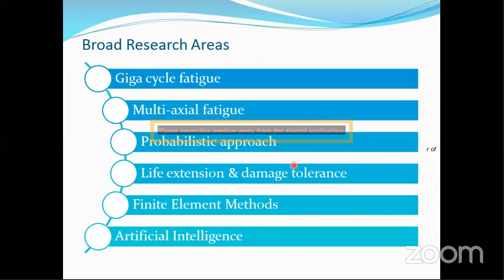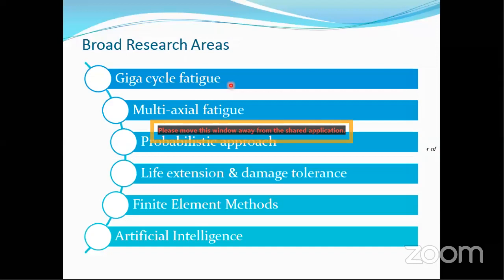And other broad research areas, if you consider, are gigacycle fatigue, that is greater than 10 to the power 9 cycles. Earlier it was assumed that once a component doesn't fail below 10 to the power 7 cycles, the number of cycles to failure will be infinite.